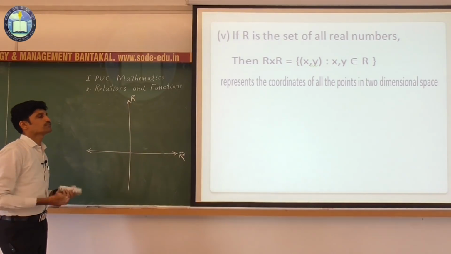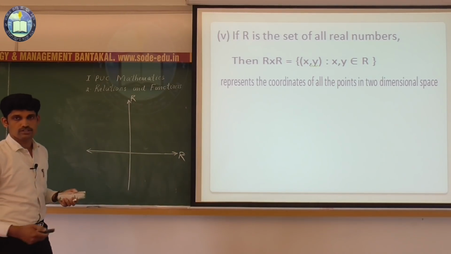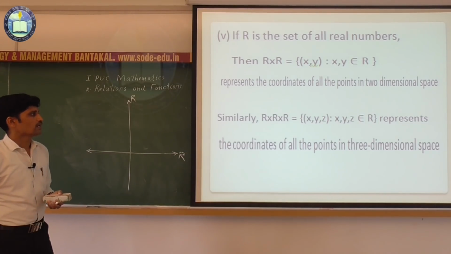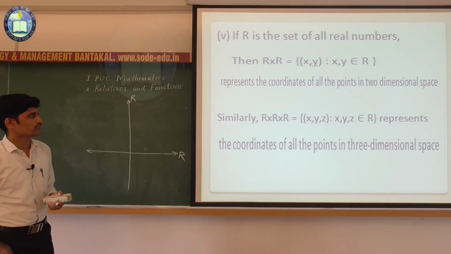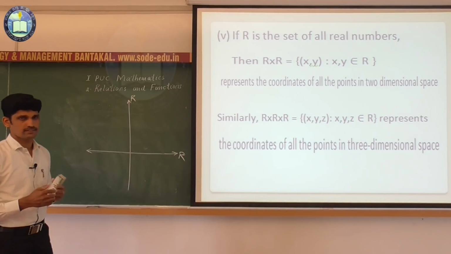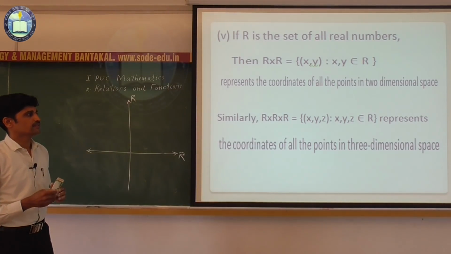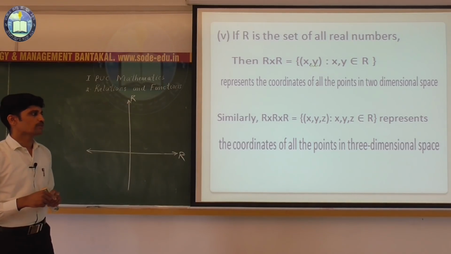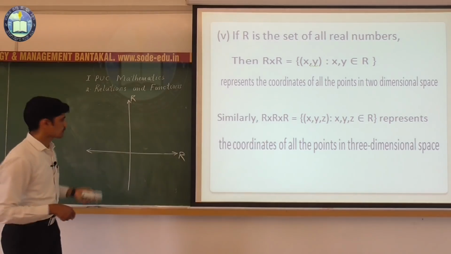Similarly, we can think of three-dimensional space as R cross R cross R, the set of all (x, y, z), where x, y, z are real numbers, which represents the coordinates of all the points in three-dimensional space.